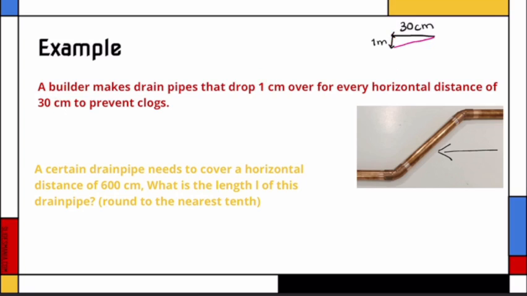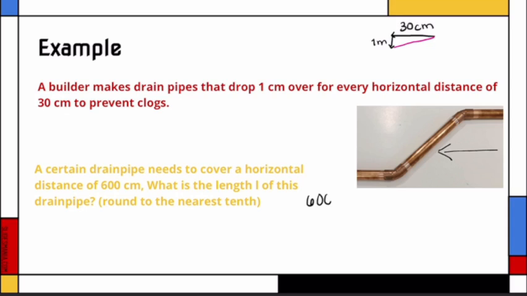Now we have a certain drain pipe that needs to cover a horizontal distance of 600 centimeters, okay? The length of the drain pipe is basically this part right here. That's how long the drain pipe is. So since this drain pipe has to cover a horizontal distance of 600 centimeters, I want to figure out how far it's going to drop.